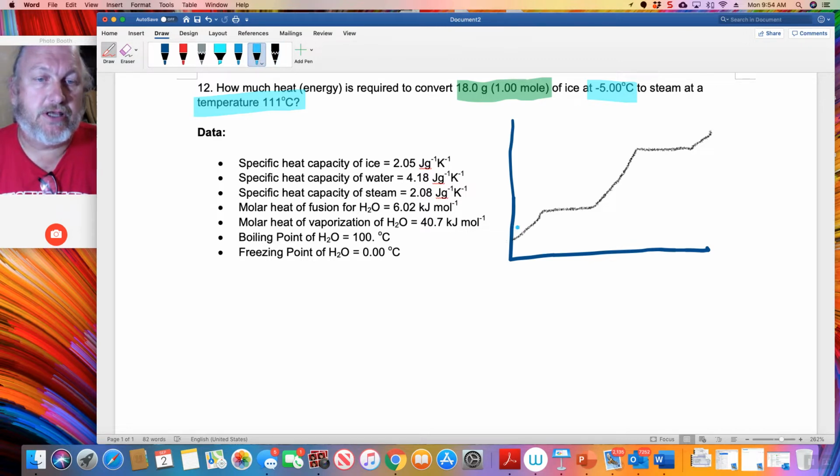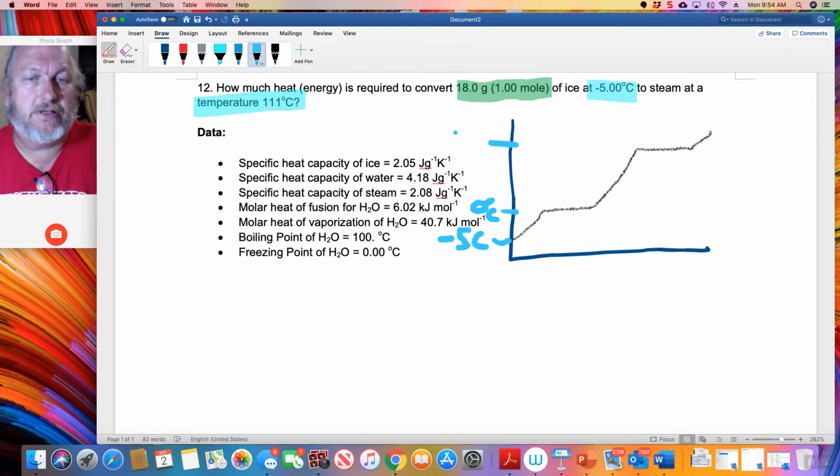So let's see. This is our starting temperature, and that is minus 5 degrees C. We know liquid H2O melts at, let's see what temperature that is, 0 degrees C. Then we know it's going to boil at 100 degrees C. And if we don't know it, it's here in the problem.